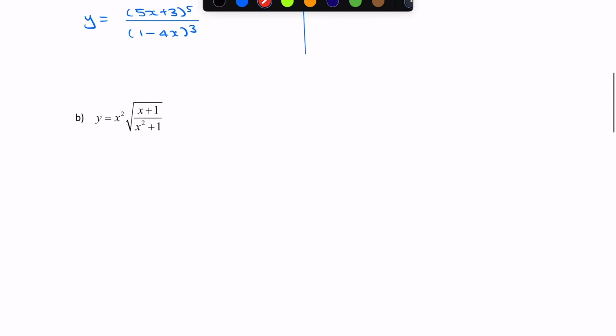Okay, let's look at B here. It says y is equal to x squared times the square root of x plus 1 over x squared plus 1. Here with the square root, we want to express it as something to the power of 1 over 2.